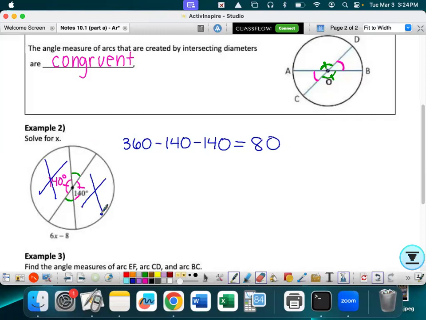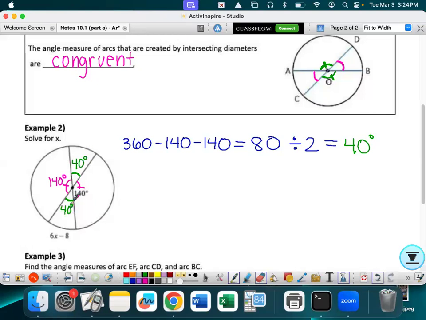I know that the two green angles are congruent. So if I take the remaining 80 degrees and divvy it up evenly between those, so dividing by 2, I would figure out what each angle measure is. So regardless, you get 40 degrees for either of those regions.